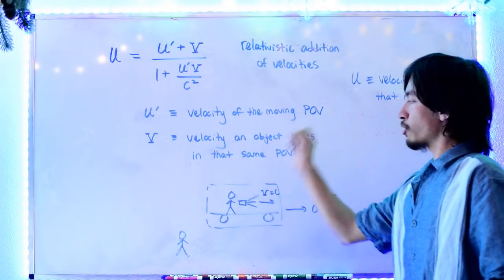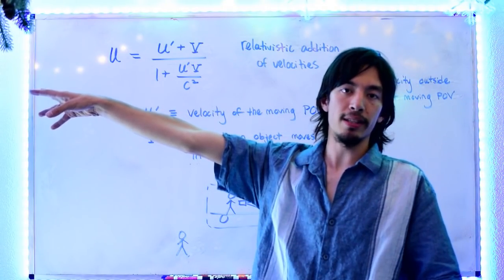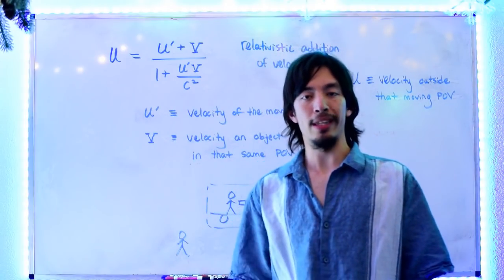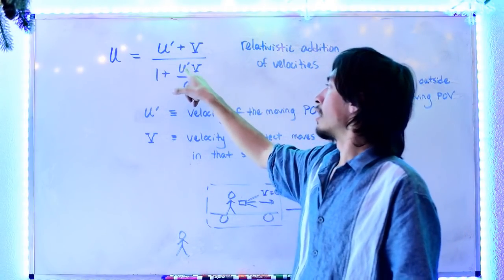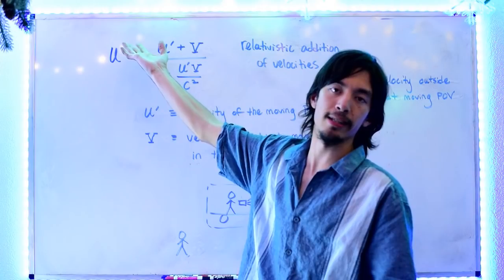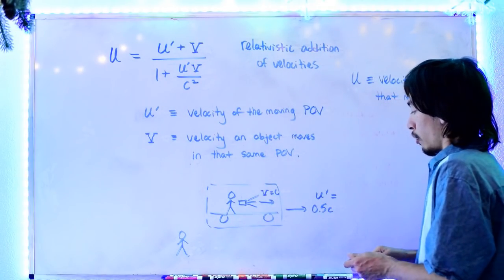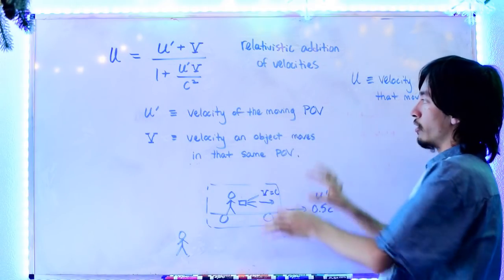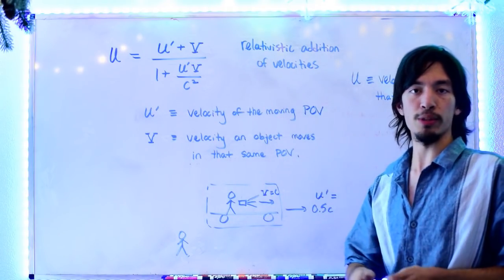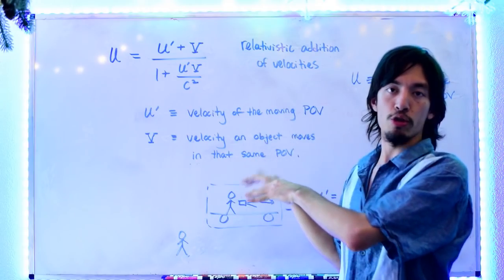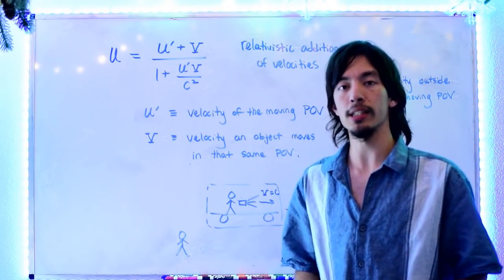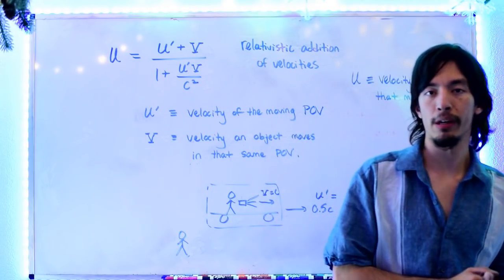So if I took an object and threw it this way at 0.7 c, I would write it as minus 0.7 c, and that's what I would plug in to here. So you would end up subtracting something rather than adding something. Okay. So that's a little bit more general. You didn't need all of this to solve this problem because the answer was just c, but if you changed it to a problem in which you added some velocities together, this is what you would do.